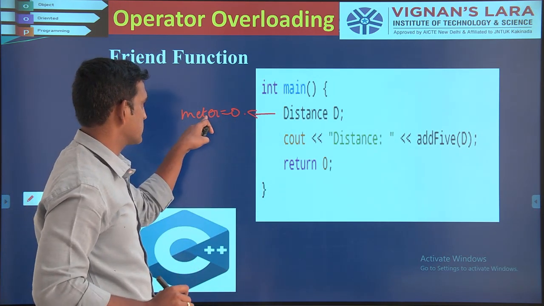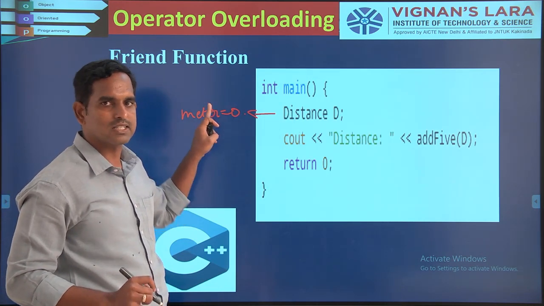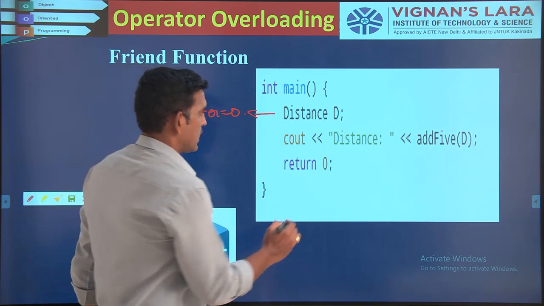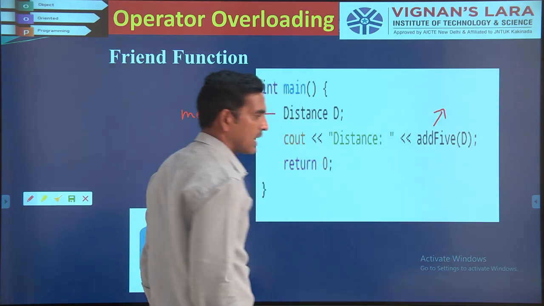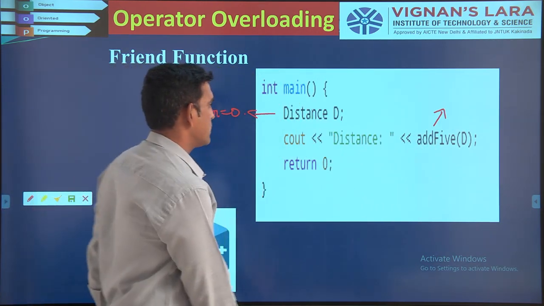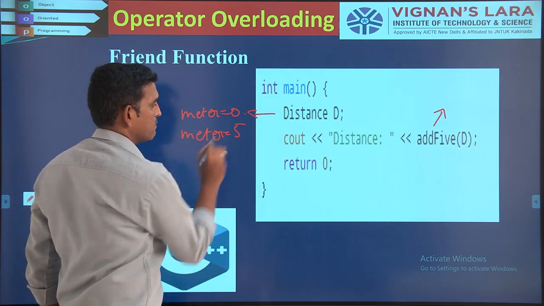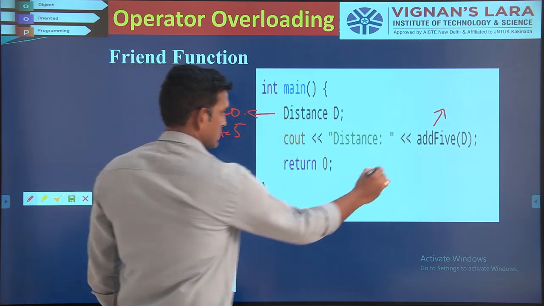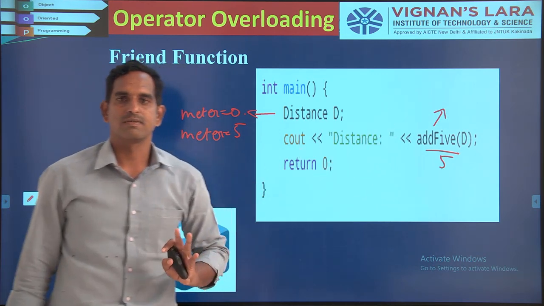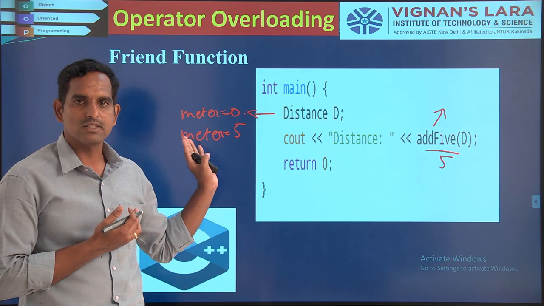When I create the object, it will call the constructor and make the meter value 0. Next I am calling the friend function add5 using the object. What will this do? It will increment your meter value by 5. So now the meter value will become 5, and that value 5 will be printed. So the distance is 5. This is how you can use your friend function to perform various operations.